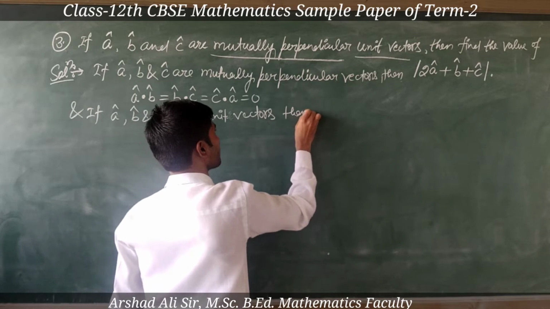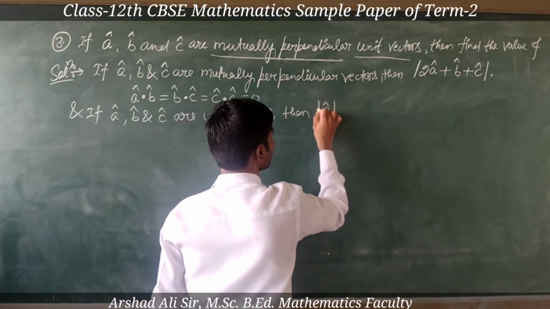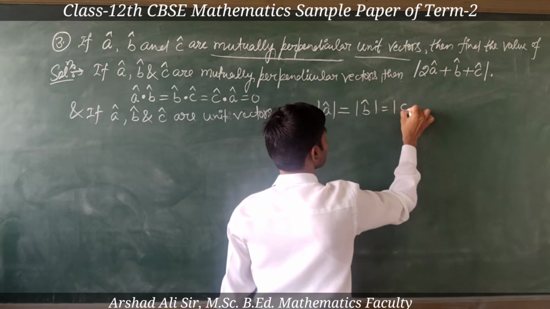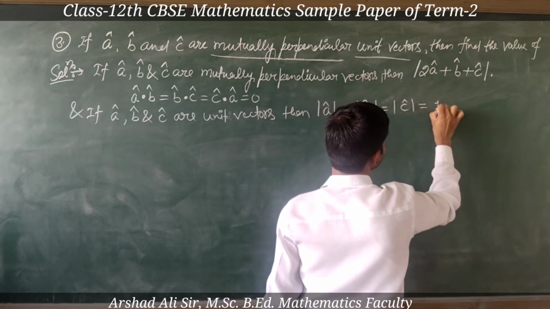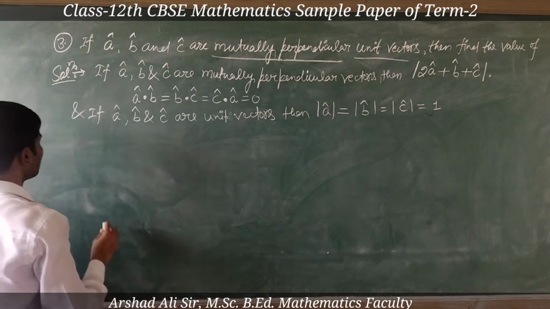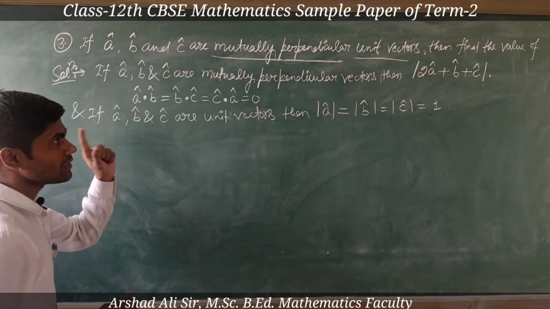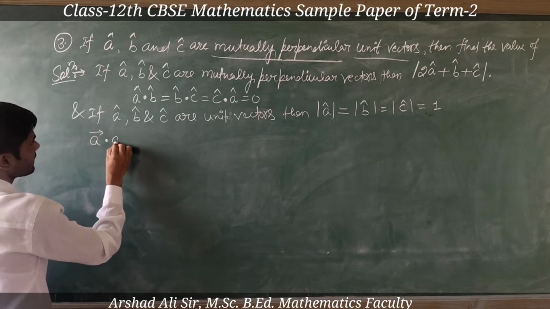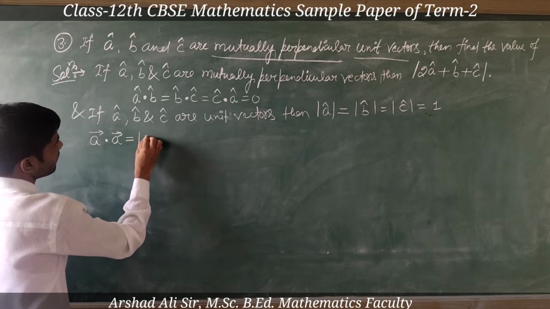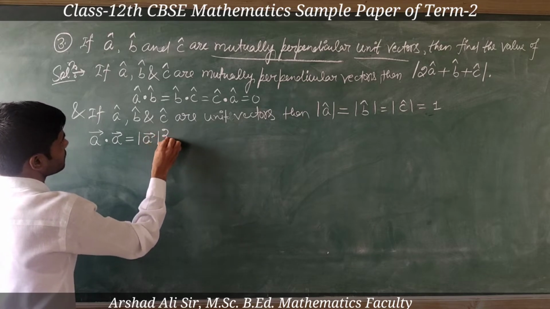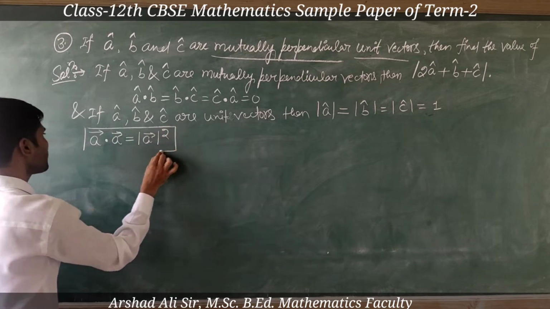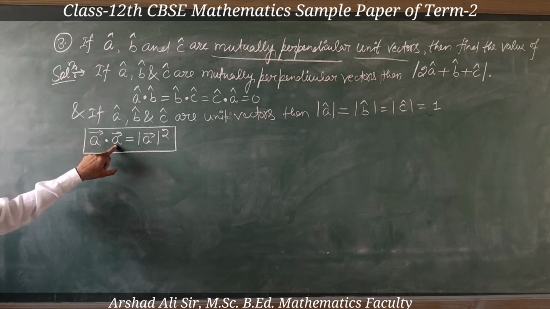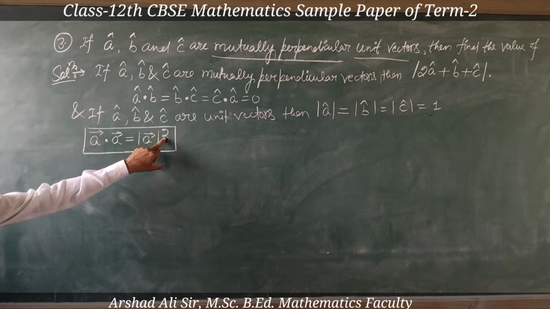And if a cap, b cap and c cap are unit vectors, then the magnitude of A, magnitude of B and magnitude of C will be equal to 1. Okay, and there is a basic formula in this chapter: A vector dot A vector is equal to magnitude of A whole square. You have to remember this formula. A vector dot A vector is equal to magnitude of A whole square.